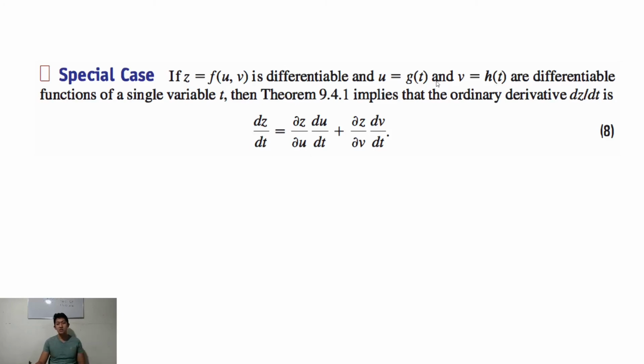So, kung function siya of isa ka variable, ordinary derivative na siya, dz over dt, or what we call total differential, no? Hindi na siya partial, total na. So, again, buhaton nimo partial of z with respect to u, and then differentiate u with respect to t.